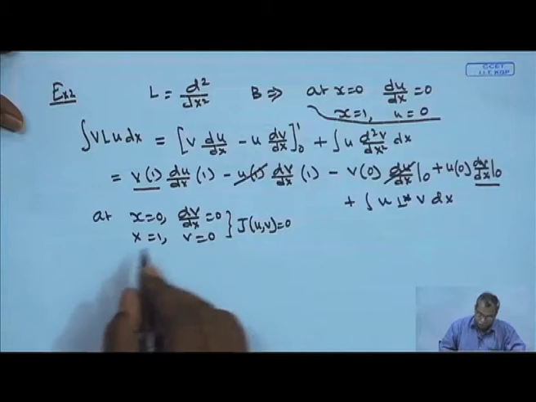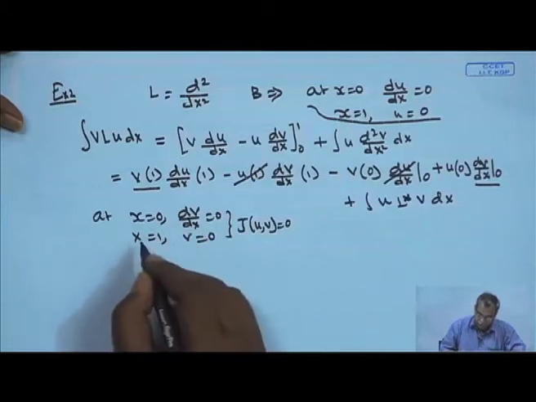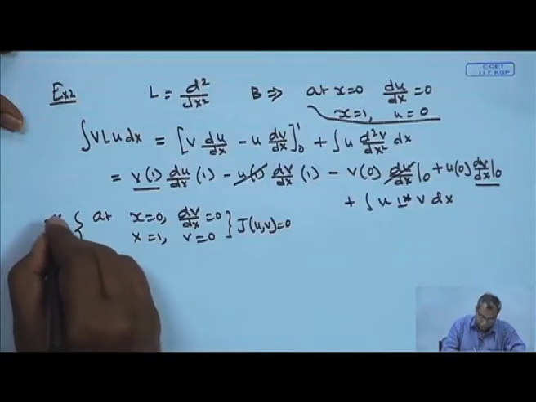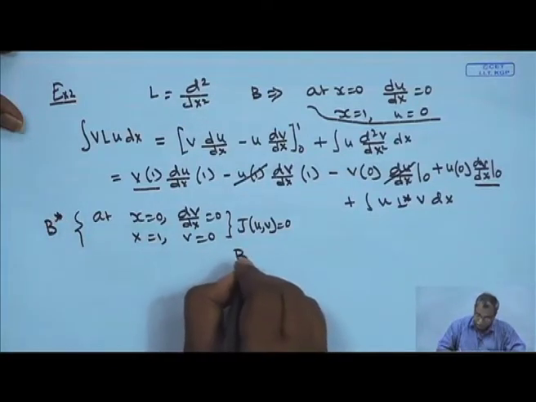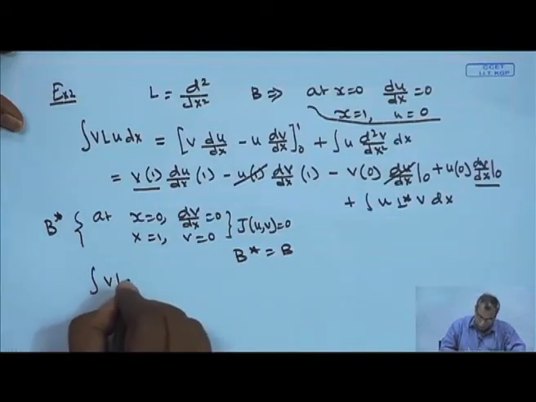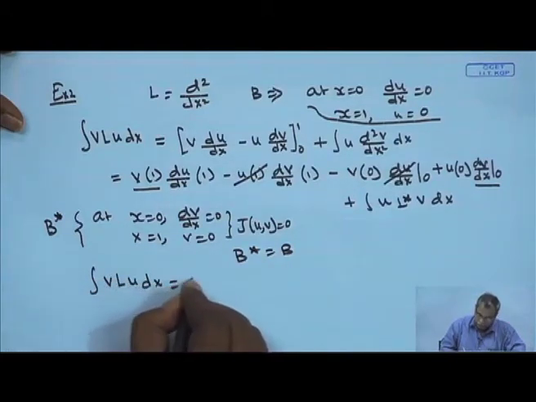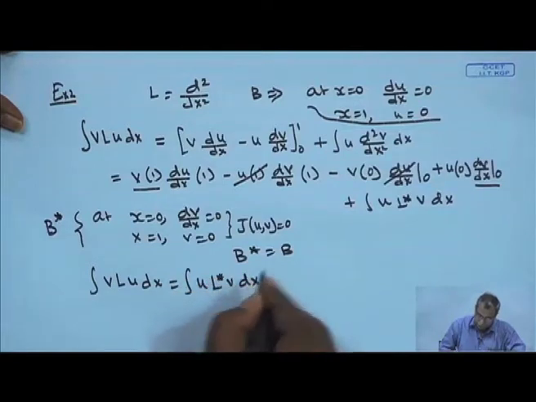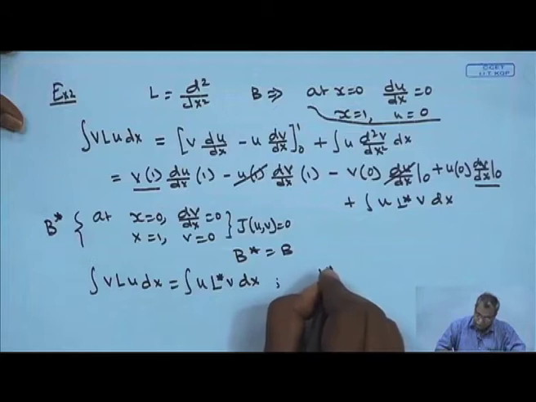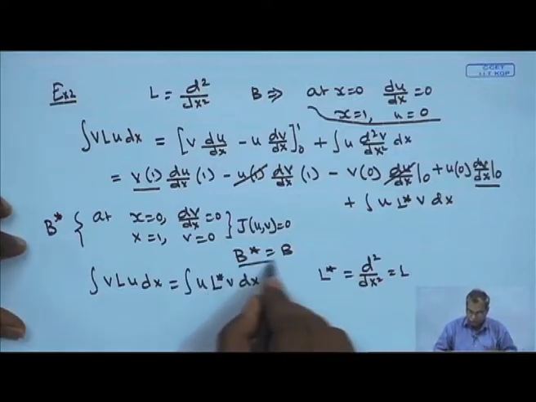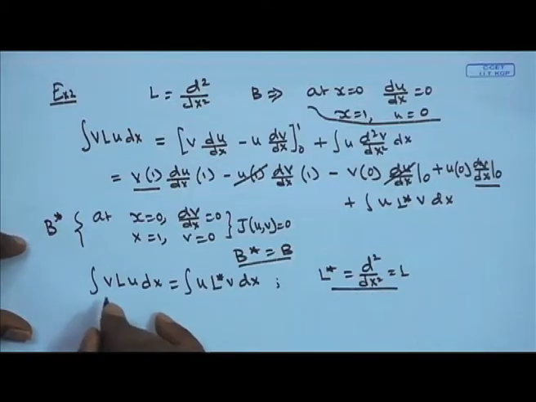So, if we look, this is the boundary condition B star, and we see that B star is equal to B, and this problem now becomes integral of v L u dx is equal to integral of u L star v dx, where L star is equal to d squared by dx squared, which is equal to L. So, L star is equal to L, B star is equal to B. So, again it is a self adjoint operator.